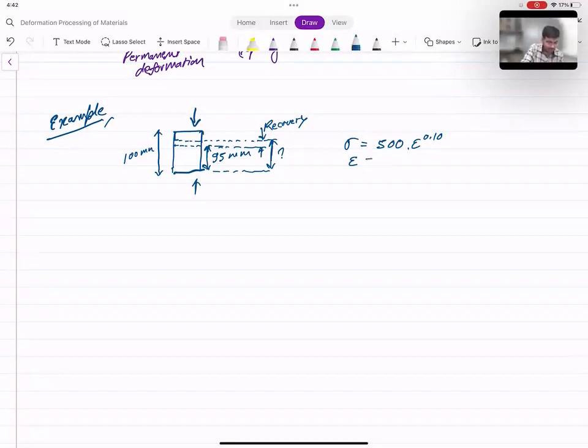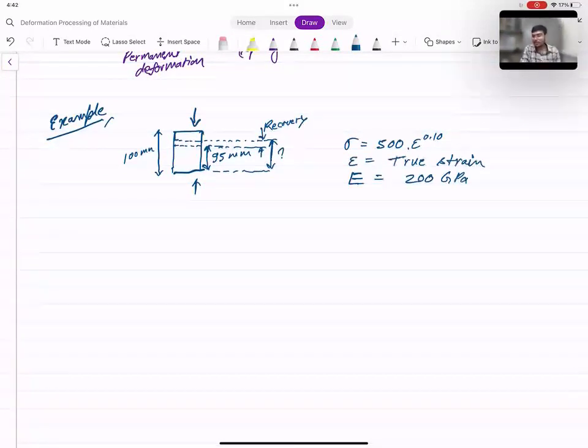We'll have to work on it so that we can get the final dimension. And the Young's modulus or elastic modulus of the material is given to us. This is 200 GPa. Okay. So let us try to find the final length after this elastic recovery.